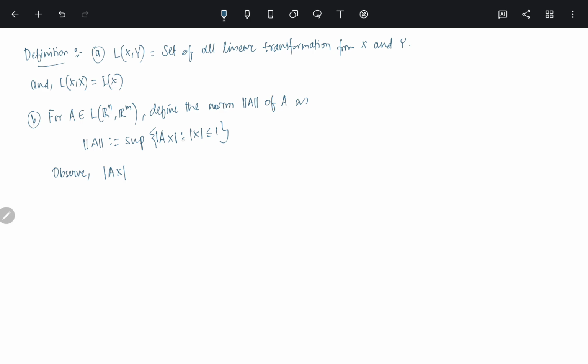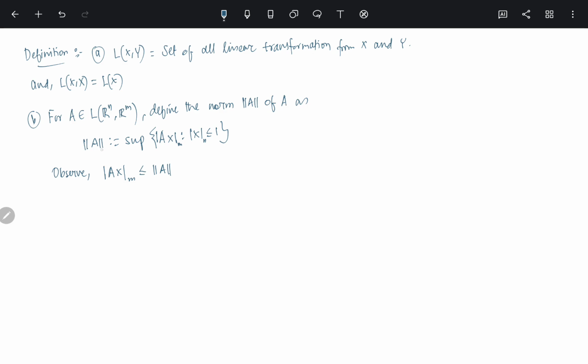A of x is in Rm, right? So this is the norm in Rm, and x is in Rn, so this is the norm in Rn. Now norm of Ax is a norm in Rm, and this is always dominated by norm of A.